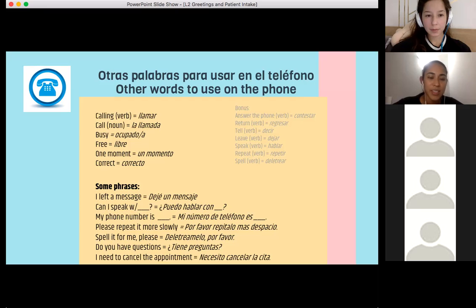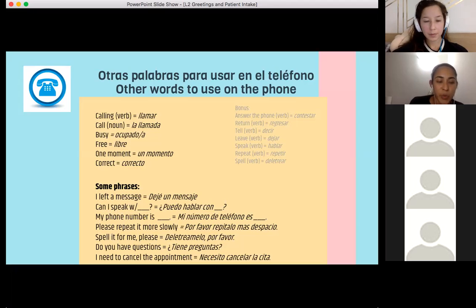And then some phrases that we have over here are, I left a message. Dejé un mensaje. Can I speak with blank? Puedo hablar con. My phone number is. Mi número de teléfono es. Please repeat it more slowly.